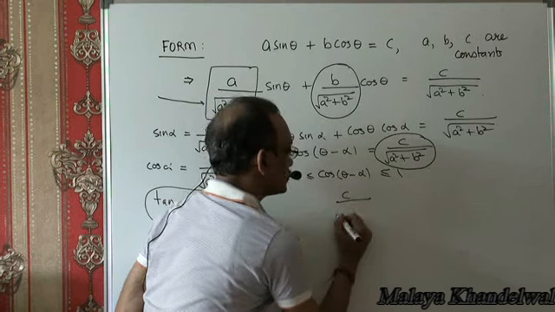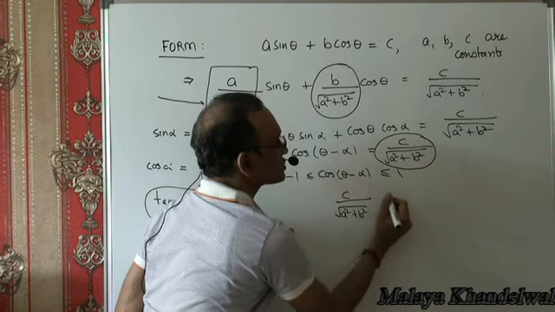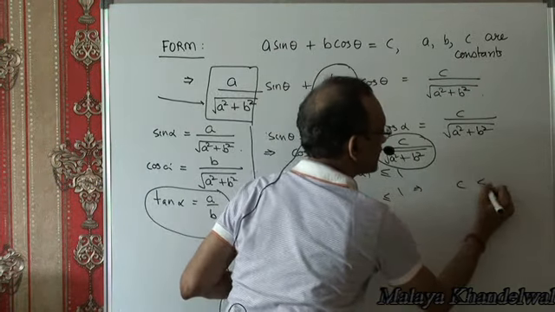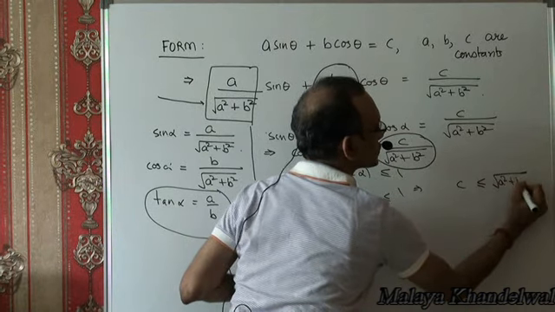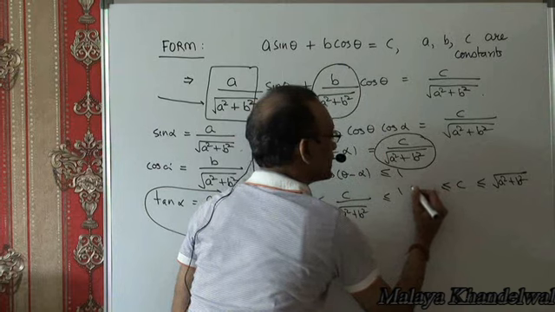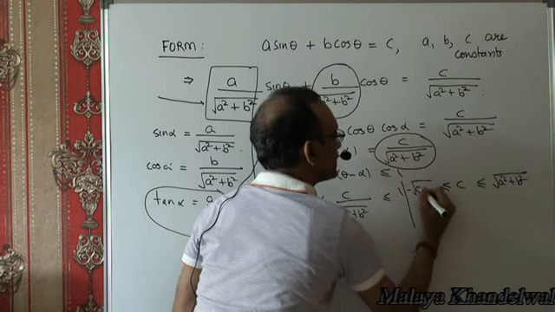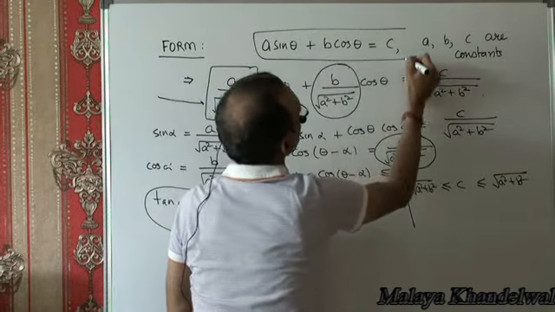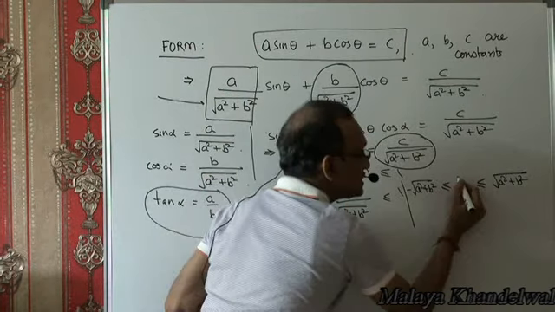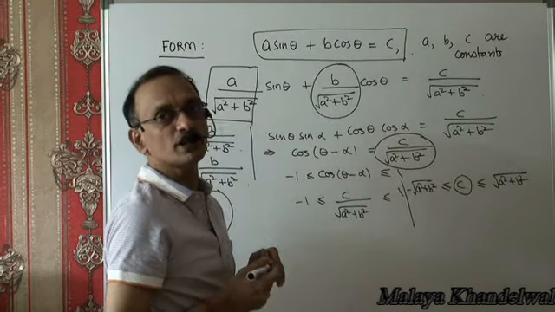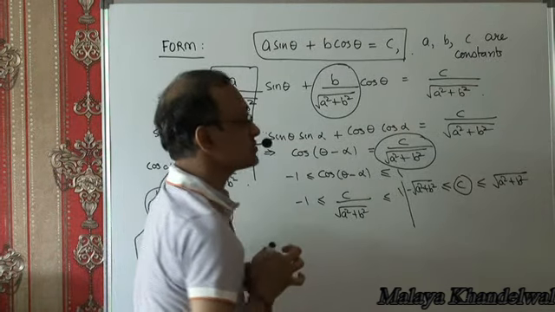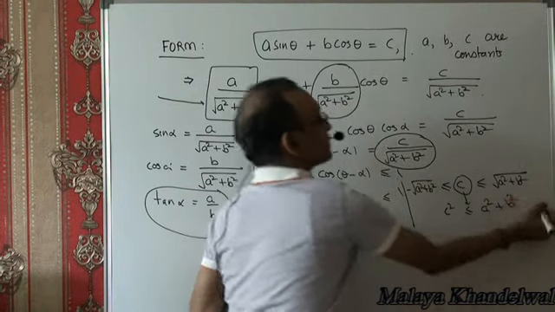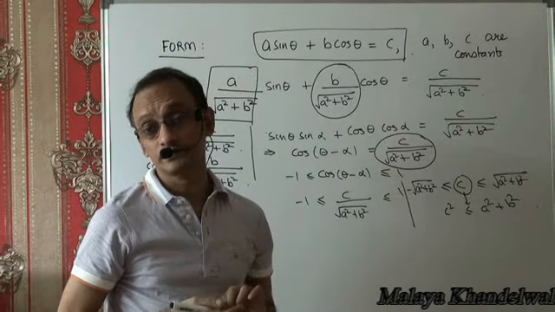That gives c less than or equal to root a square plus b square, but greater than or equal to minus root a square plus b square. A necessary condition for a solution is that c has to lie between minus root a square plus b square and root a square plus b square. Combining these, c squared must not exceed a square plus b square.